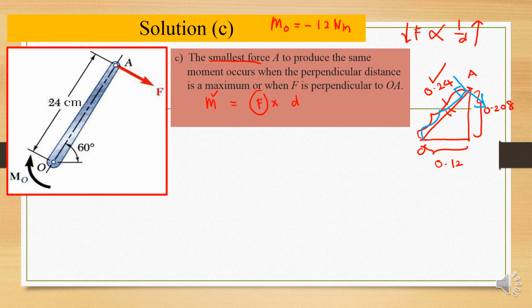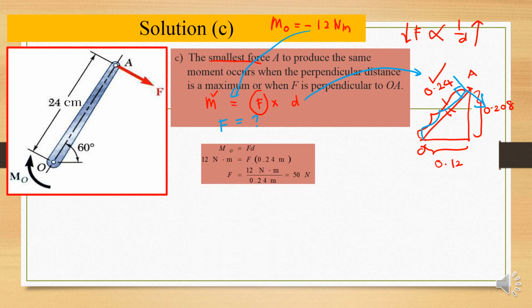We already know that D equals 0.24. We already know the value of M, and we just substitute to find F. So F will be what? Let's take a look at the solution. From the calculation, F equals 50 Newton, in this direction in order to make the moment negative, which is a clockwise moment. Okay, that's it.